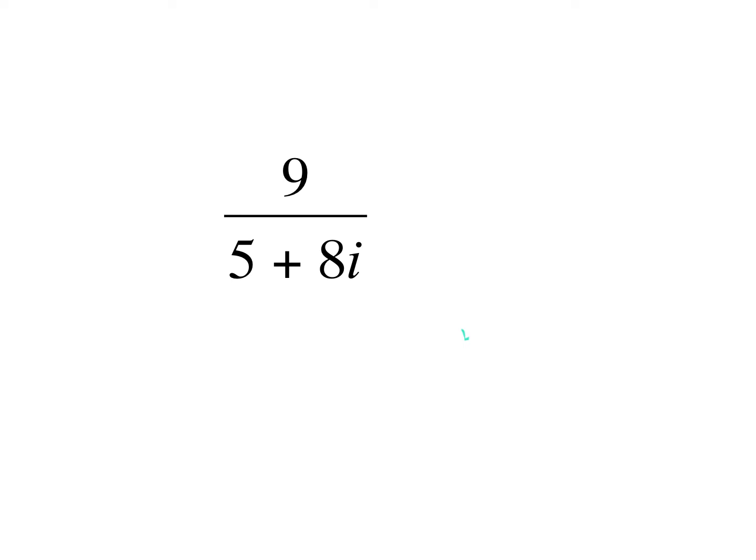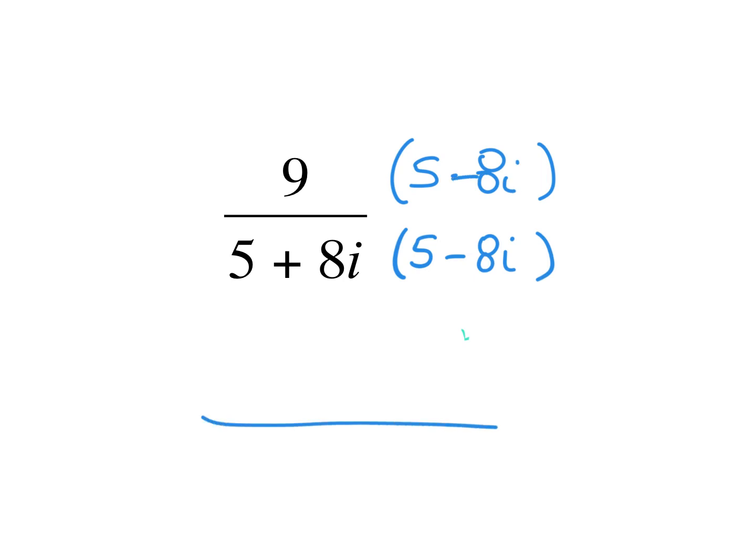The sign in the middle. So when I rewrite this, what is the sign in the middle? My complex conjugate would be 5 minus 8i. Make sure it's in standard form and just the sign in the middle. So when I multiply the bottom and the top by the same thing, again, simplify the denominator first.